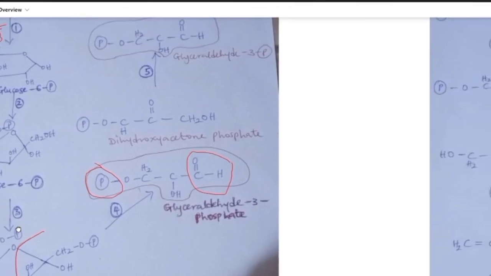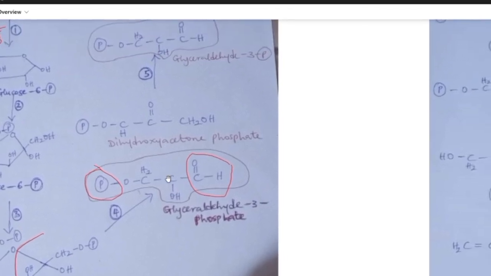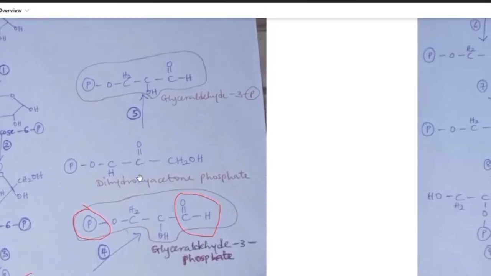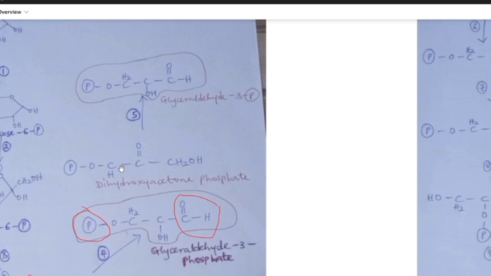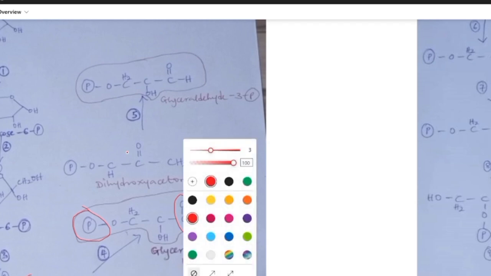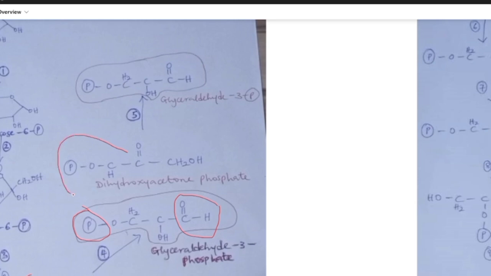So we have the first 3 carbons showing glyceraldehyde 3-phosphate, and we have the second product of the splitting, which is dihydroxyacetone phosphate. This is the structure right here.